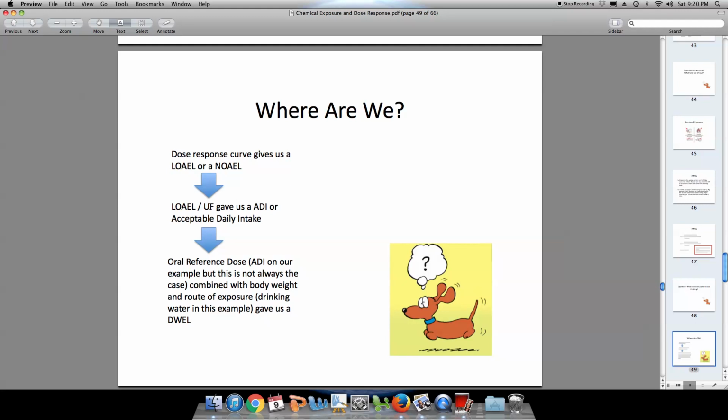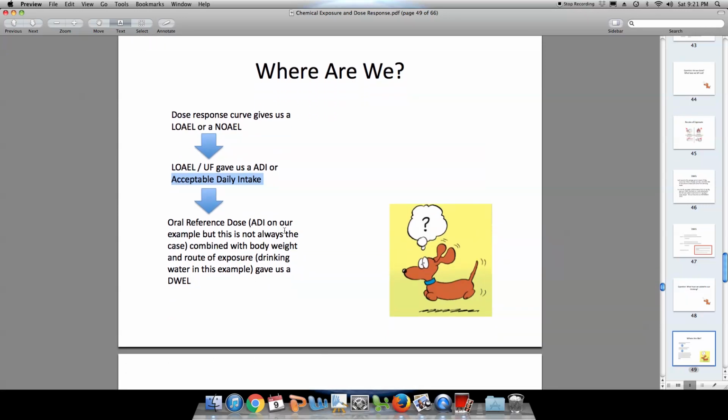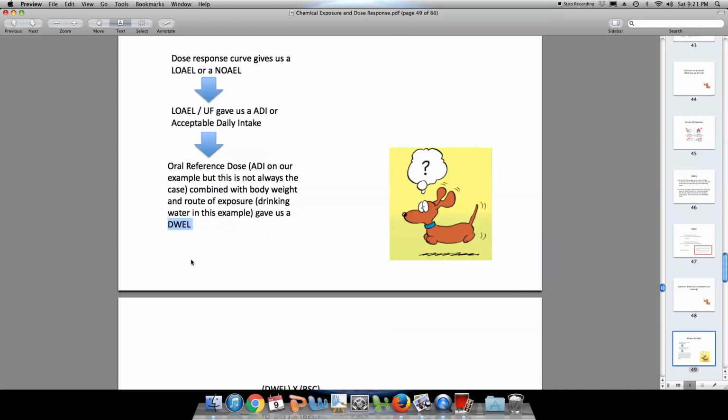We then add the uncertainty factor to give us our ADI or acceptable daily intake, which we can also call a reference dose. But now we have combined it specifically with body weight and a specific route of exposure, in this case, drinking water, to give us the drinking water exposure limit.